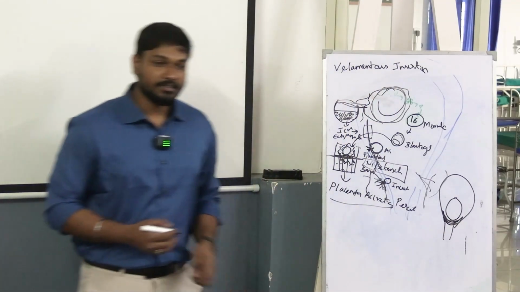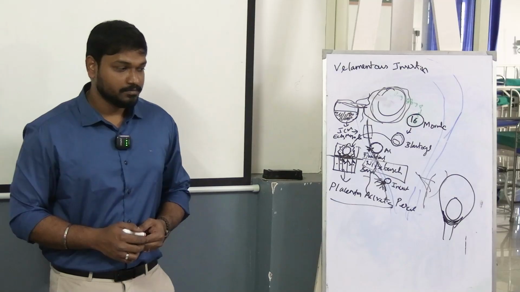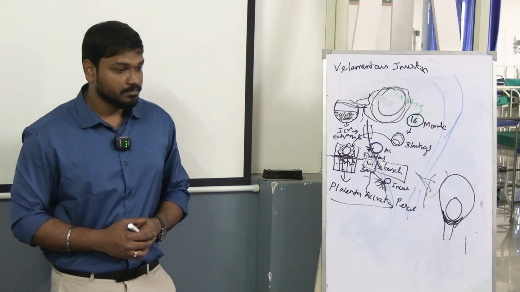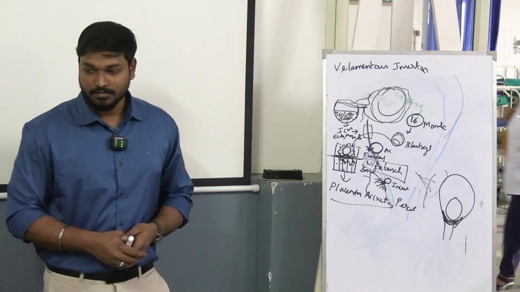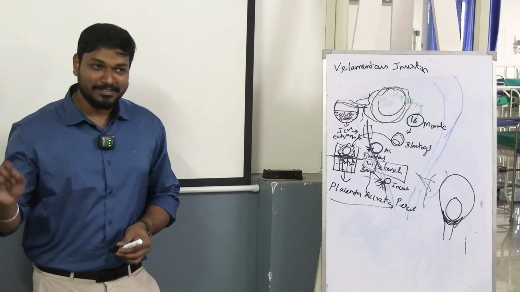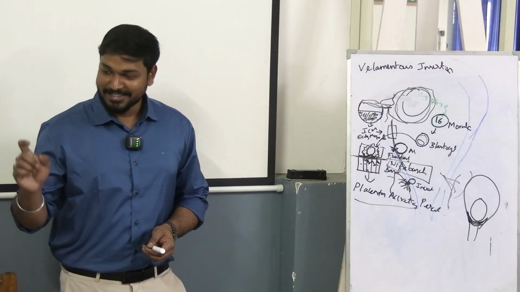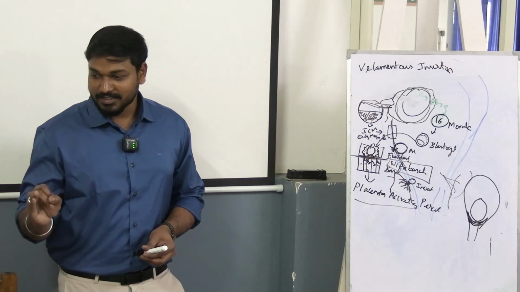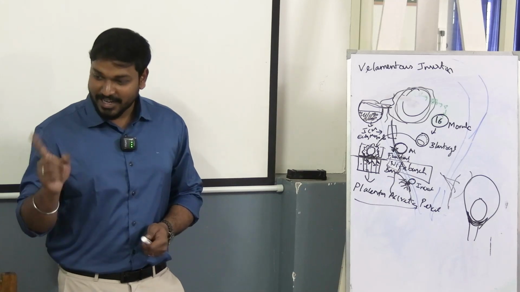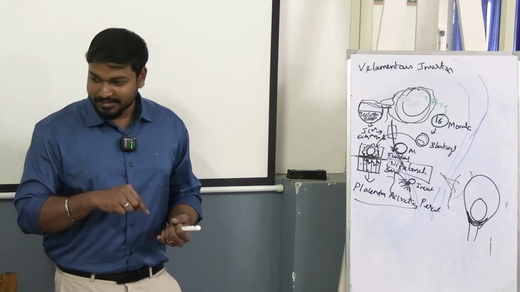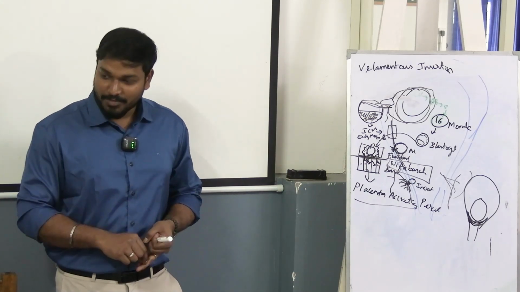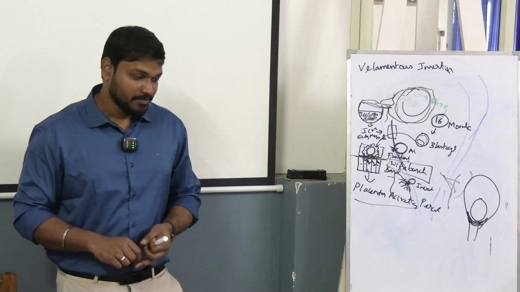What complication can placenta previa cause? Placenta previa is a cause for APH. Okay, placenta previa and abruptio placenta. There are two causes of antepartum hemorrhage, that is placenta previa and abruptio placenta. Okay?